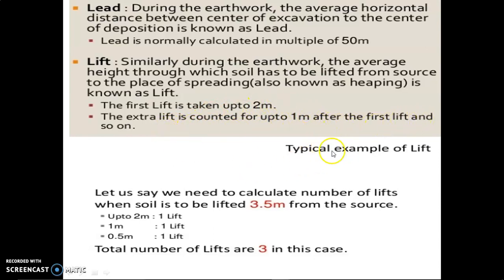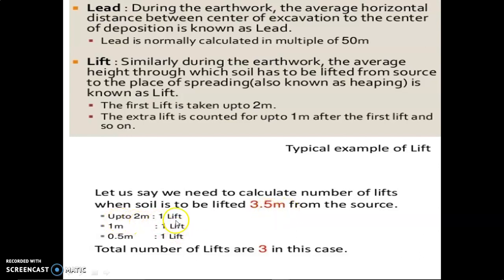So here we take one example to understand the concept of lift. Let us say we need to calculate the number of lifts when soil is to be lifted 3.5 meter from the source. We know that the first lift is taken up to 2 meter. So in 3.5 meter our first lift is up to 2 meter.